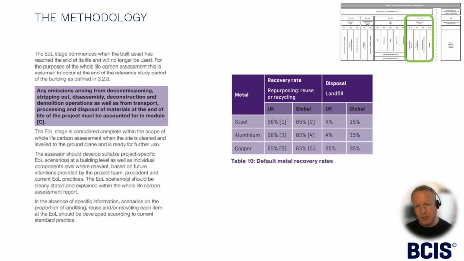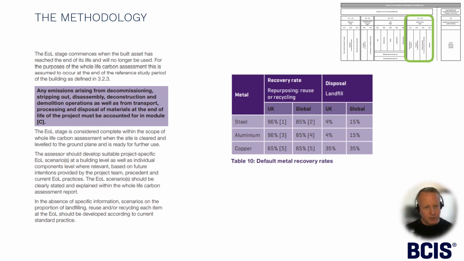Last but not least, obviously you've got the end of life calculation as well. The RICS professional statement talks about the end of life stage, but also clearly indicates that this is about any decommissioning activities, stripping out, the disassembly, the deconstruction, demolition, as well as taking all of that stuff off site, processing it, or disposing of it in one way, shape or form.